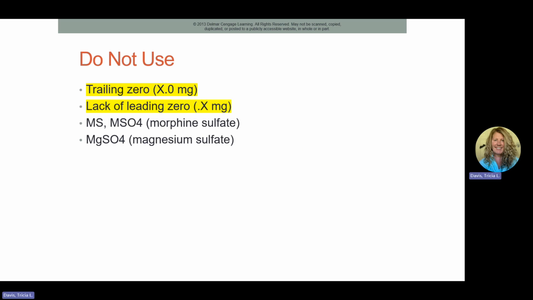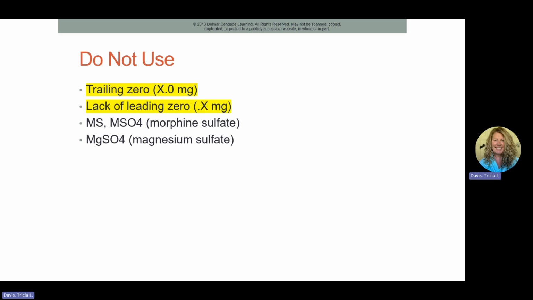And this is very important too. We never, ever put a trailing 0 behind our dosage calculation. So if we're giving 5 milligrams, we would write it as 5 mg, not 5.0 mg, because if we don't put that decimal point so that it's completely clear to everyone, that could be mistaken as 50 milligrams, and that would be a medication error.